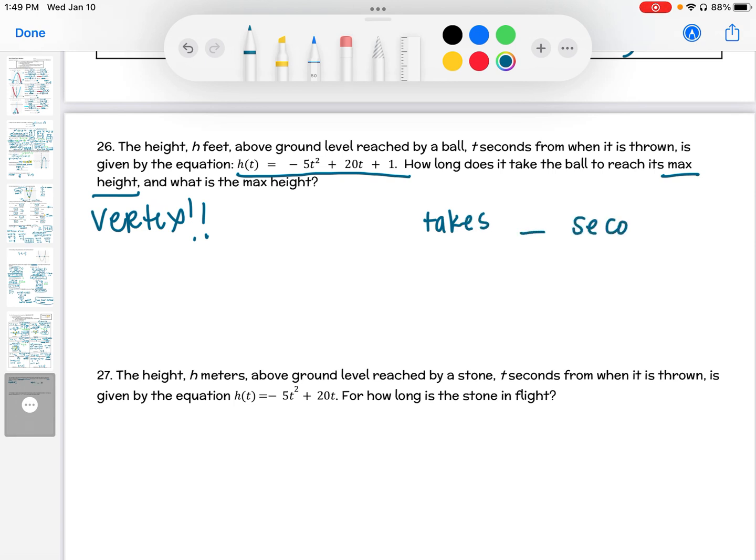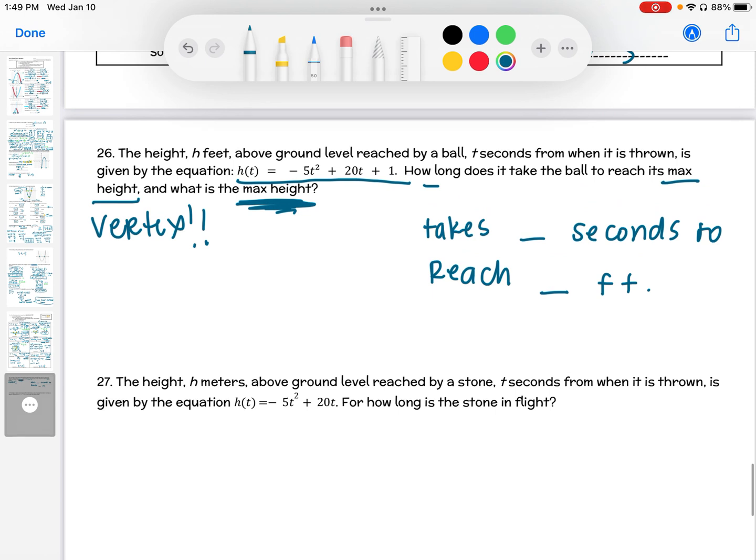It says how long does it take for the ball to reach its max height? So it takes blank seconds to reach, and the max height is blank feet. Okay, so let's fill those blanks in.